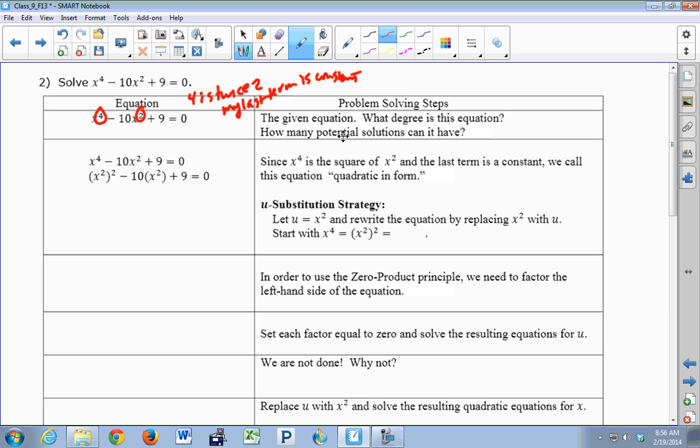So the first thing you want to notice here is the degree of your original equation. What's the degree? 4th degree, because the 4 is the highest exponent. So how many potential solutions could you have to this equation? 4. So you can have up to 4 solutions.